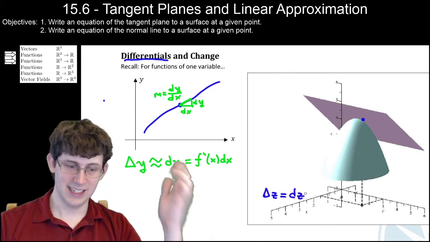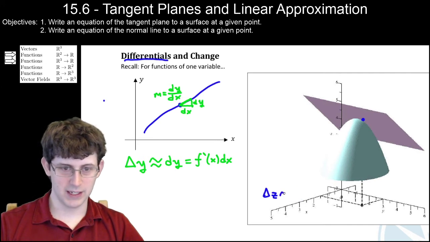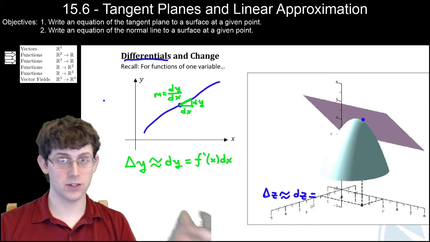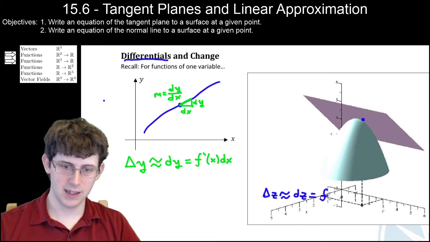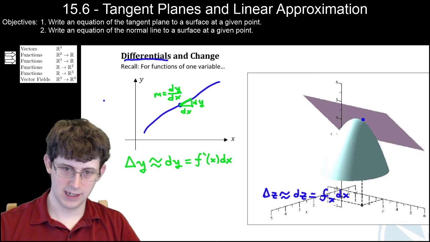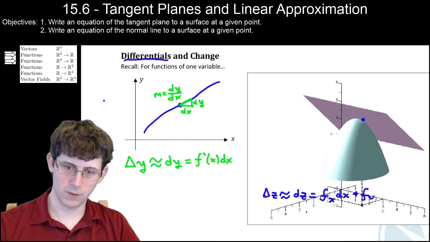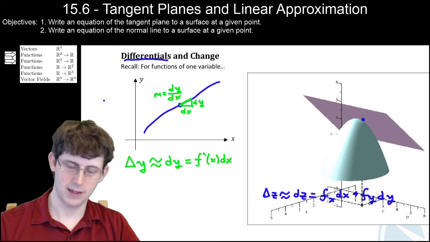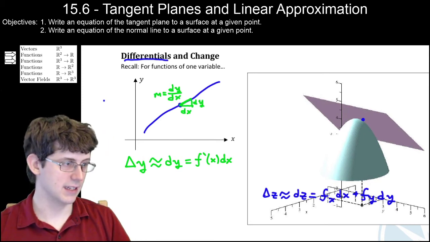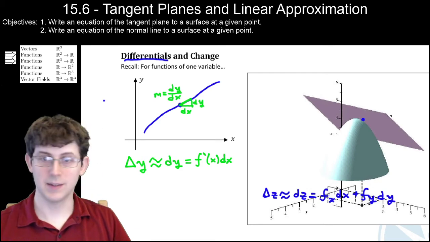It's approximately dz, and dz has two components, one from the x direction, fx dx, and one from the y direction, fy dy.